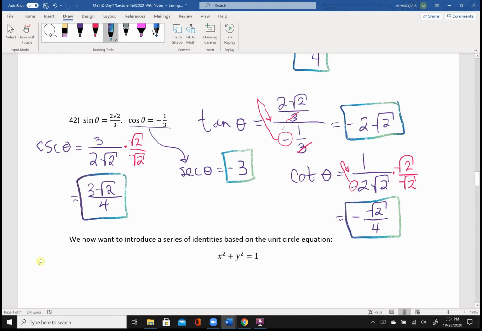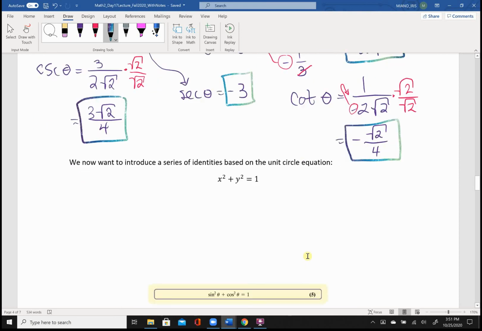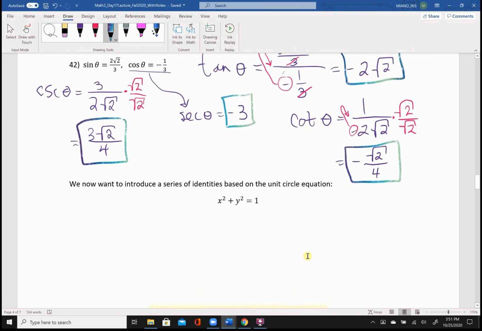So now we want to introduce some more identities that are associated with basically this unit circle equation here. X squared plus y squared equals r squared, but since it's unit circle, your r is a 1. So instead of putting r squared here, we put 1 squared, but the value of 1 squared is just a 1. Okay, so then from there, what can we do?